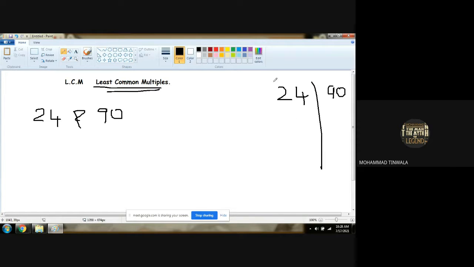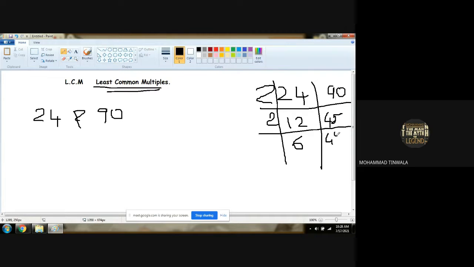Okay? 2 will be there, how many is that? 2 12s are 24, 2 45s are 90. Again 2 will be there, 2 6s are 12, 45 as it is. 45 does not come in the table of 2. Again 2 3s are 6, 45 as it is.